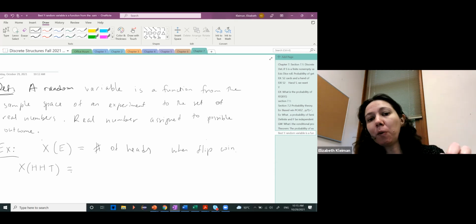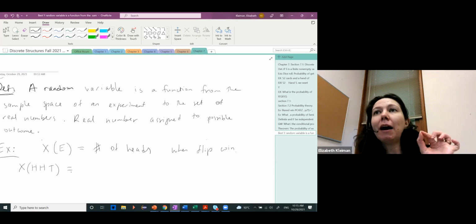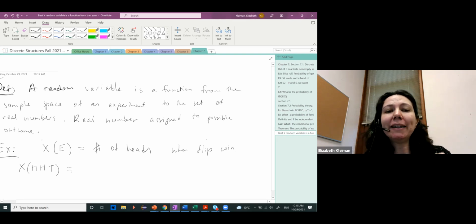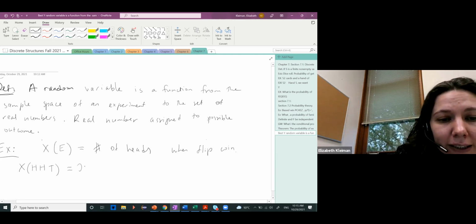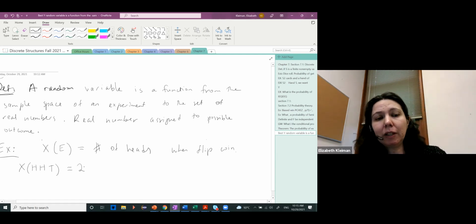You read carefully what my variable is. My variable is supposed to be equal to the number of heads. How many heads do I have if I threw head, head, tail? 2. So this value is 2.